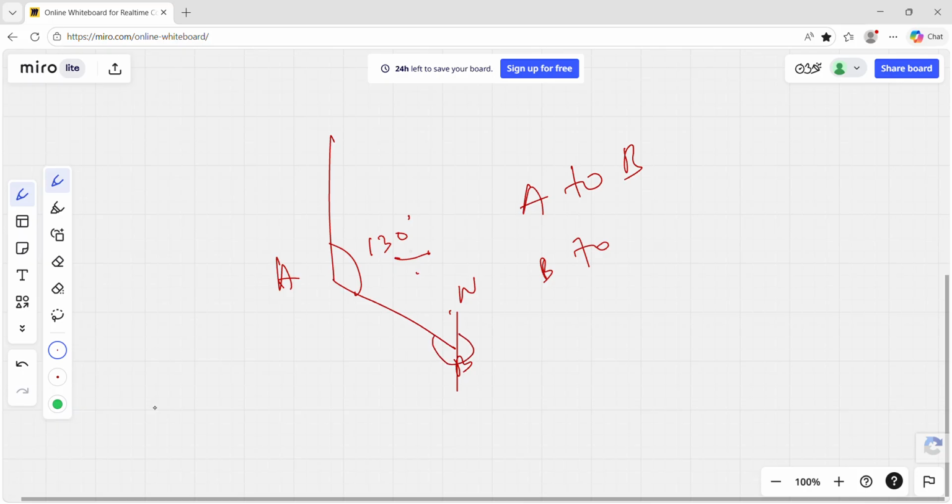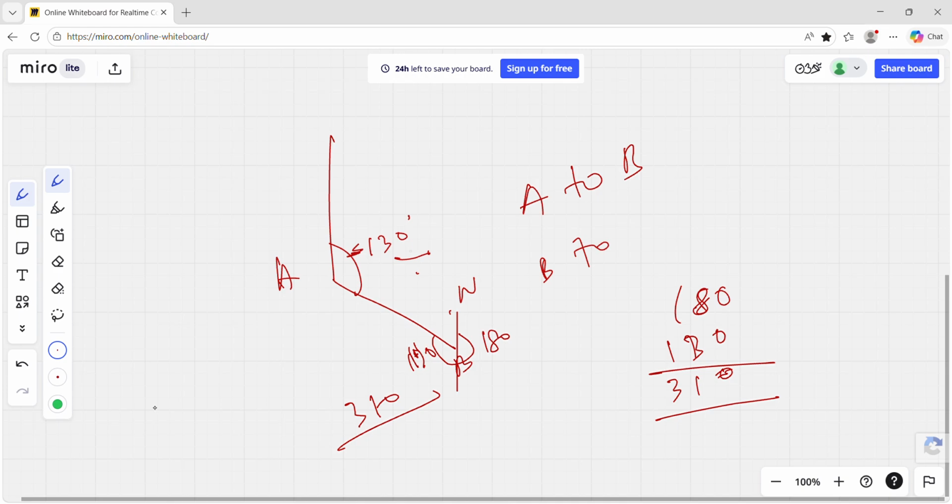This particular angle is 180 degrees, and this one is alternate to this angle, 130 degrees. So if you add 180 plus 130, that will give you 310. So this particular thing is 310 degrees. That is how you can solve bearings.